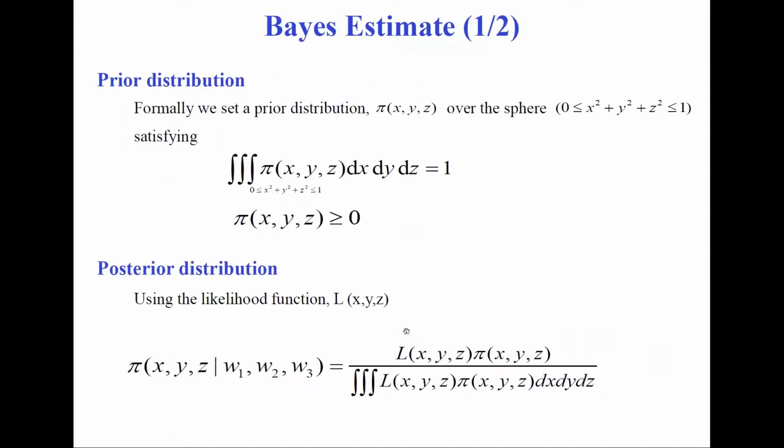Then, we see the Bayes estimate. Please recall the last talk in part 1. In Bayesian statistics, we first set a prior distribution anyway, and here we set a prior distribution pi, denoted by pi of x, y, and z, over the sphere.